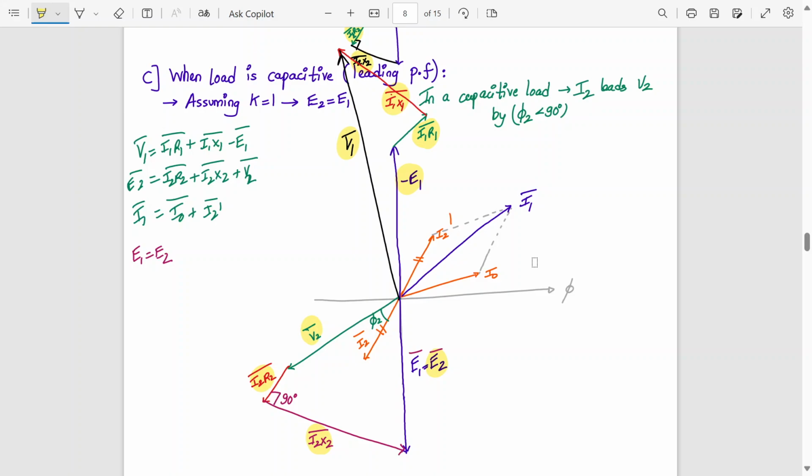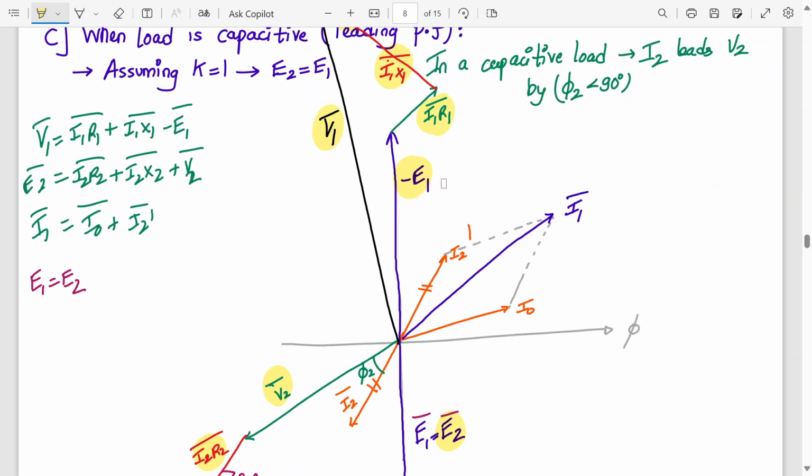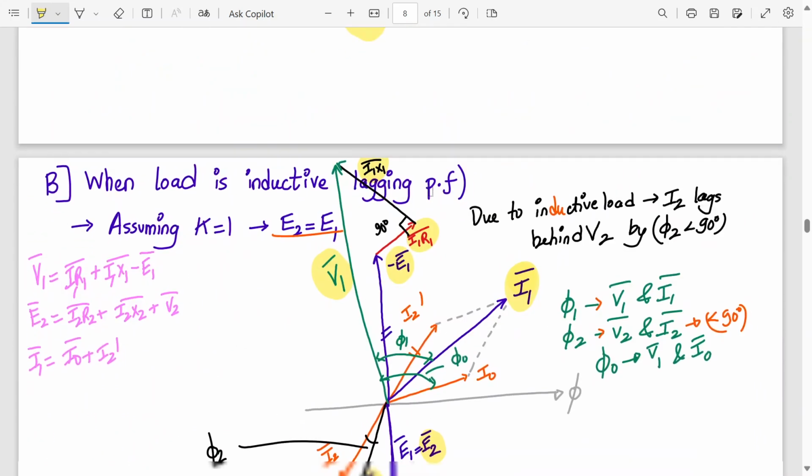So I have drawn E2, so it should be minus E2, not minus E1, on the positive y-axis. So you told it is minus E2. No, I think it is E1.